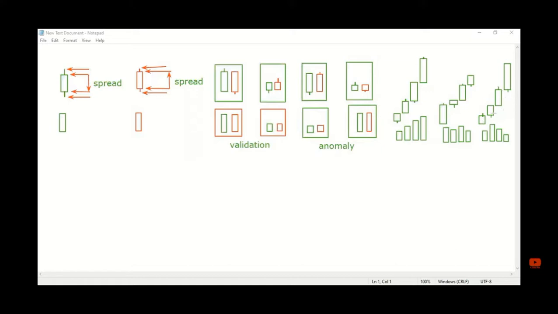This one and this one are valid, it's a validation, because the candlestick is weak and volume is low. The second candle is stronger than this one, volume high. But when the market creates the third candle, volume did not increase here, volume decreased. Again the market creates a fourth candlestick, very strong compared to all other candlesticks, but volume is even lower here.